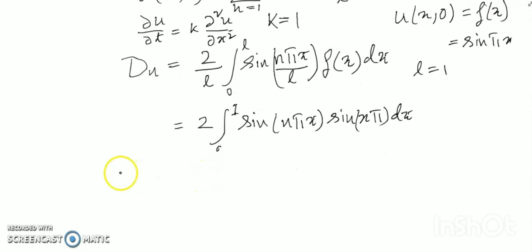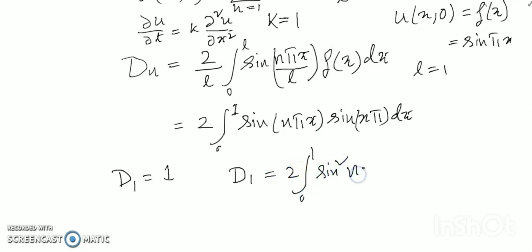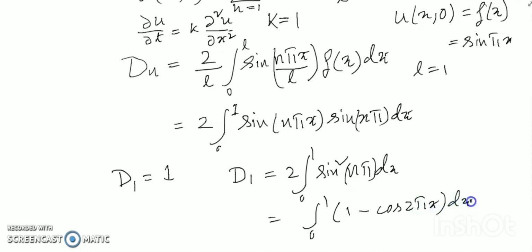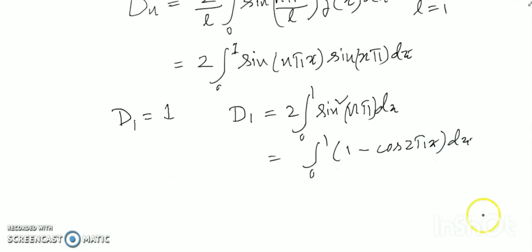So the value is only 1, because in case of n equals 1, the integral from 0 to 1 of 2 sine square pi x, which is 1 minus cos 2 pi x dx, gives the value 1, and otherwise dn equals 0 for all n not equal to 1.